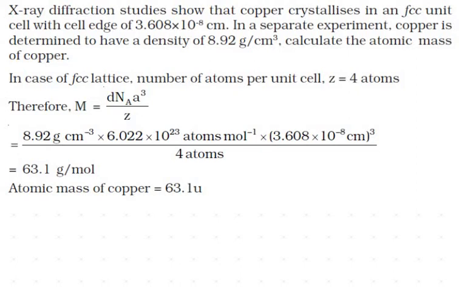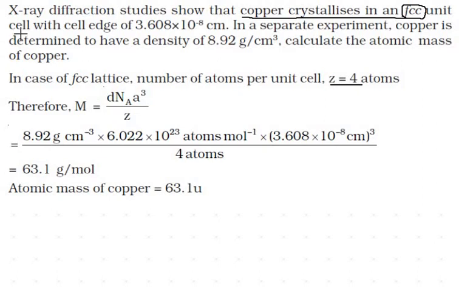This is example 1.4. It says X-ray diffraction study shows that copper, now it is defined here, copper crystallizes in FCC unit. Please note FCC. Okay, so this is important. We have taken Z is equal to 4. How it came?